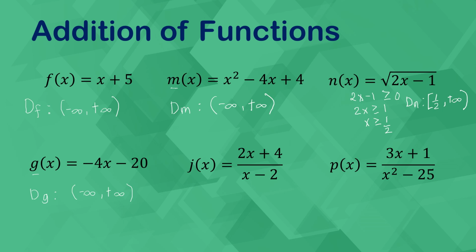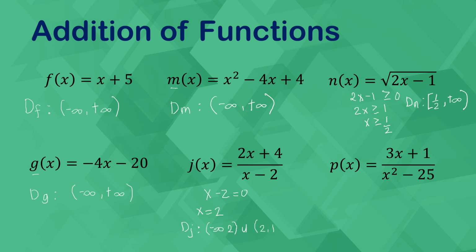Okay, so for j of x, which is equal to 2x plus 4 over x minus 2, we just have to equate x minus 2 to 0, and that will be x is equal to 2. So the domain of the j function then is set of all real numbers less than 2 union set of all real numbers greater than 2.